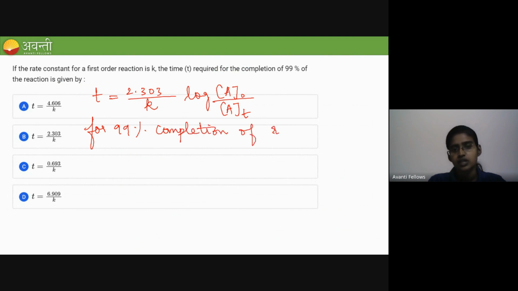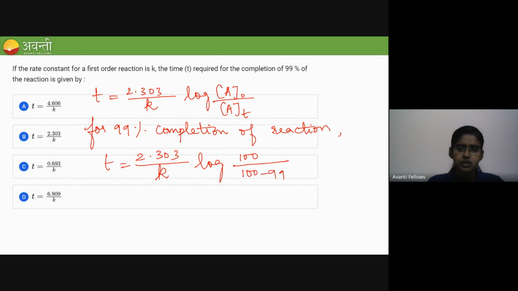t = (2.303/k) log of initially 100. Now 99 has reacted, so 100 minus 99, which is nothing but 100 by 1. So it is log of 100.